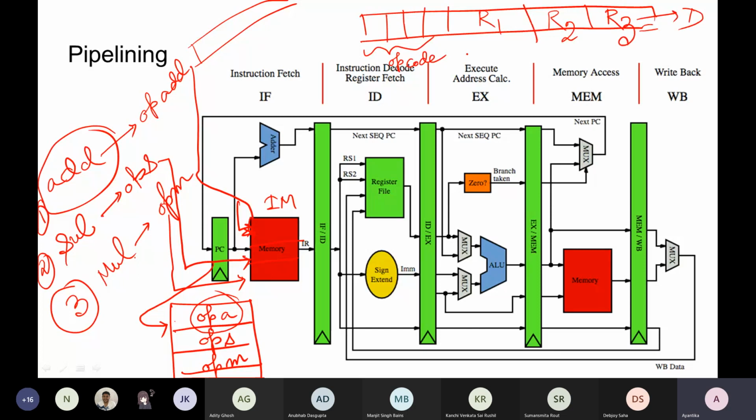If this is the case, this PC will point to this memory. So memory is giving this address, and this opcode you can see here from these registers is getting passed to this ALU. That means ALU, from this opcode part, will understand, okay, now I will do the addition.